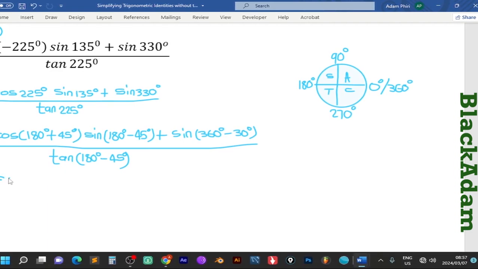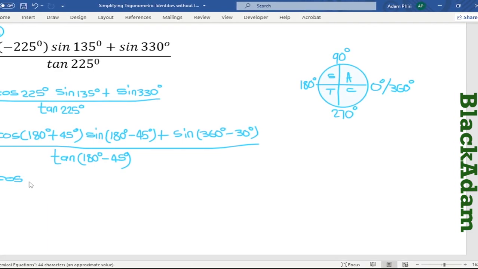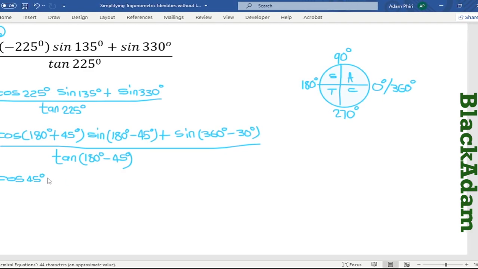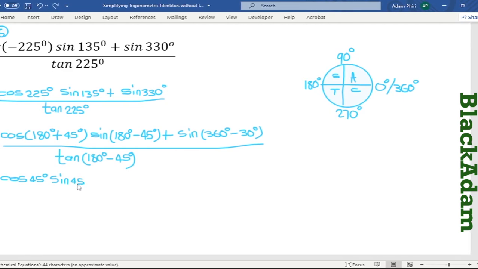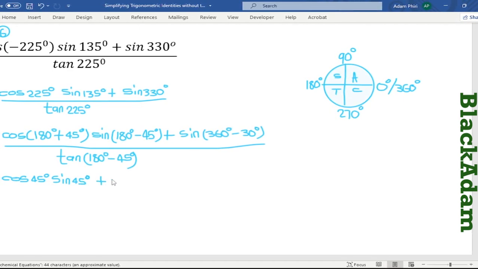And then from there we look at cos of 180 degrees plus 45, so it has to be negative cos 45 degrees.